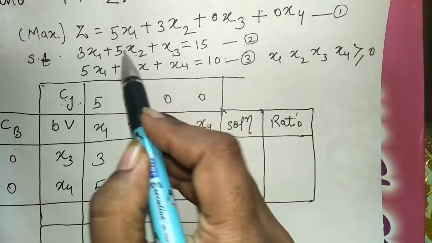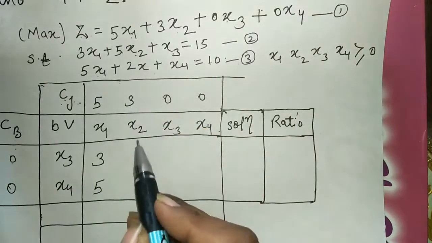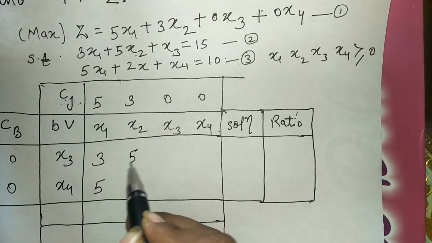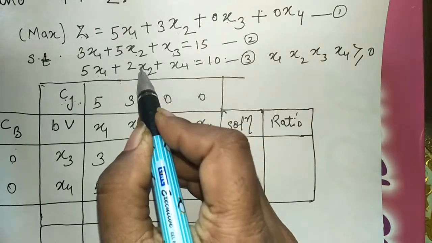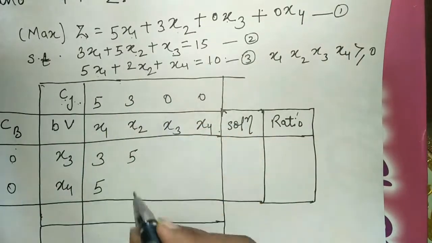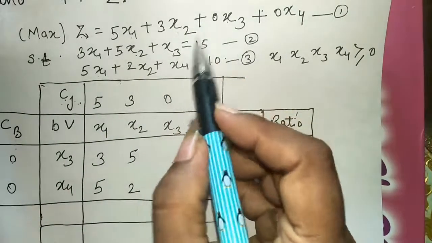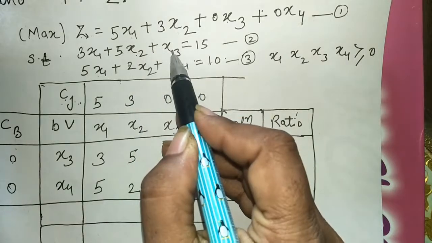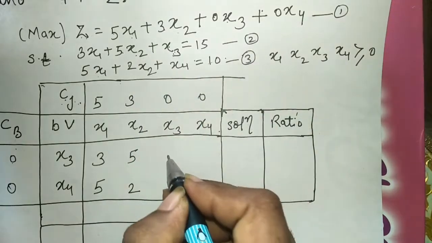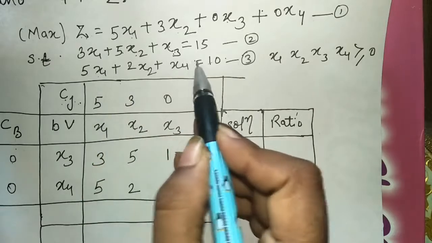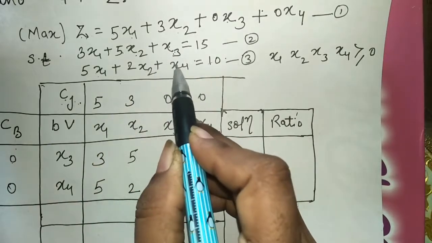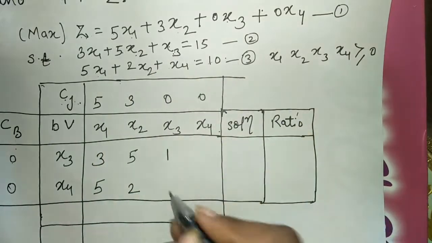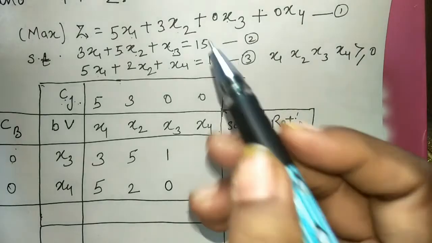In first constraint, coefficient of x2 is 5. In second constraint, coefficient of x2 is 2. Now in first constraint, coefficient of x3 is 1. In second constraint, x3 doesn't exist. That means coefficient of x3 is 0.